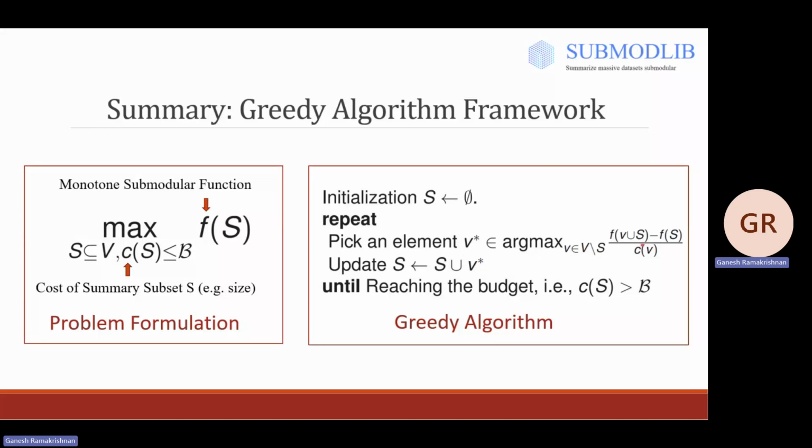But if you get the greedy solution and f of S optimum, which you're trying to maximize, they can show that you can get to a 1 minus 1 over e bound, as an inequality.